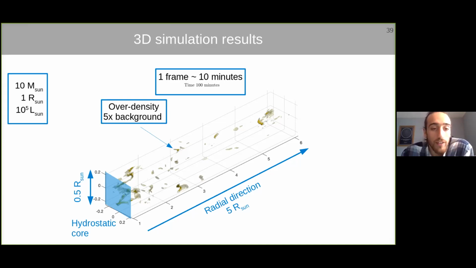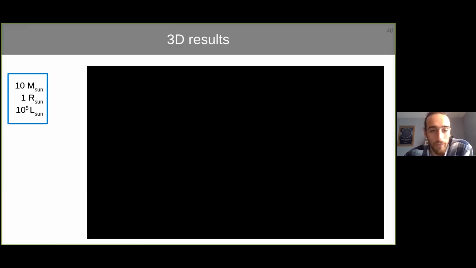What I plot here are again surface contours of the relative density. The yellow blobs that you see have a 5 times higher density as compared to the average density at that particular radius. So I will play another movie.